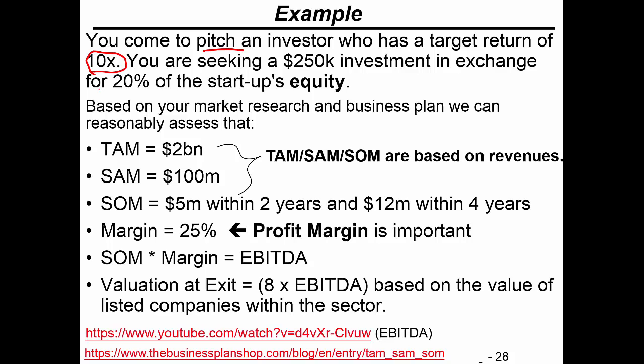You say, well, that's too greedy. I mean, 10 times return. If I can guarantee 10 times return of any investment, I would certainly do that and put my money in the bank. Remember, there's a lot of risk involved in new venture investment. So they are aware of the risk.